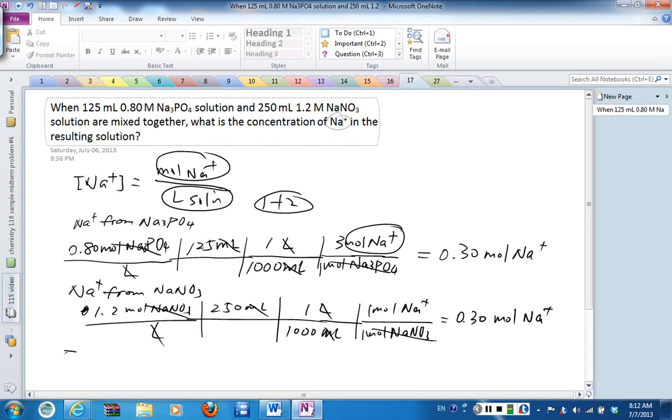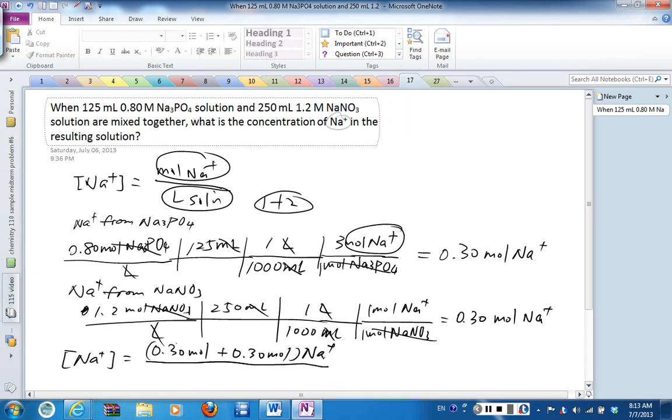Now, the final sodium ion concentration, we have everything to calculate it. So, sodium ion from the first solution plus sodium ion from the second solution over volume.